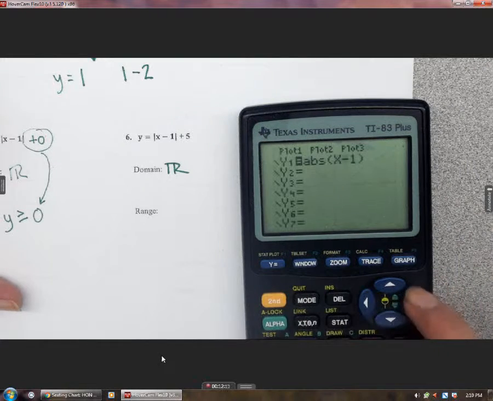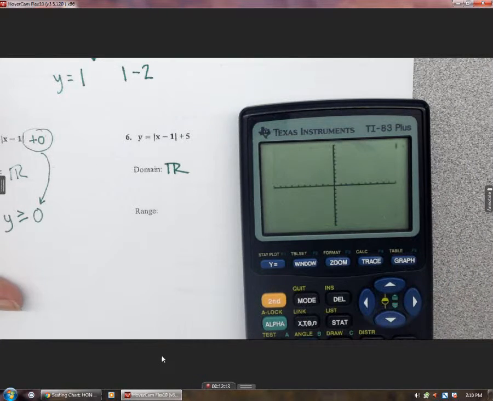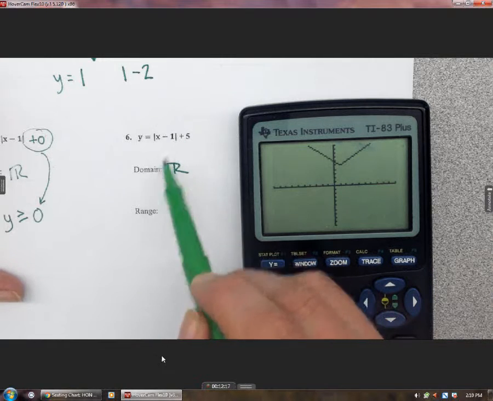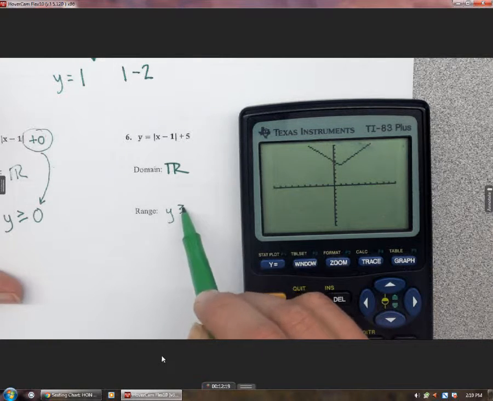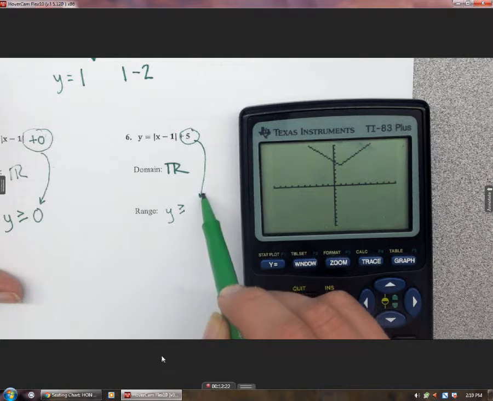On this one, if I graph it, it has a plus 5 on the outside, which moved the graph up. So I'd have y is greater than or equal to 5.